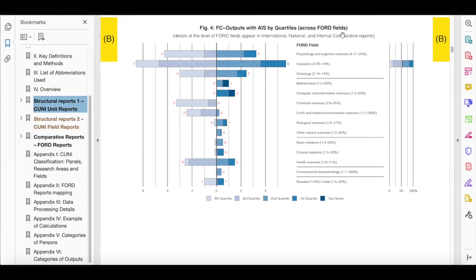Each output, depending on the journal in which it is published, is assigned to one or more FORD fields from the OECD structure of fields, listed in Appendix 2. In the beginning of this appendix, you can find more information about the assignment of outputs to FORD fields. More details at the level of FORD fields appear in the international, national, and internal comparative reports.